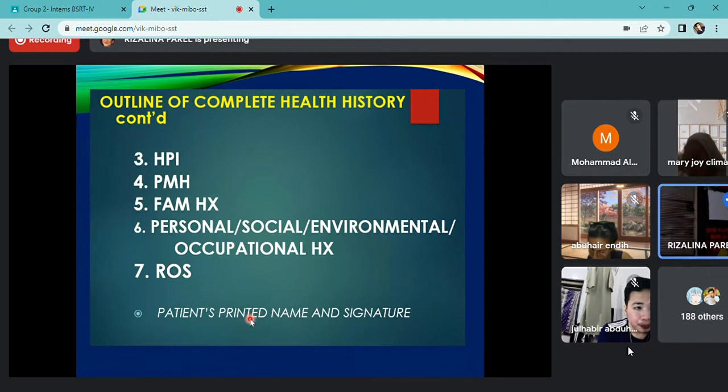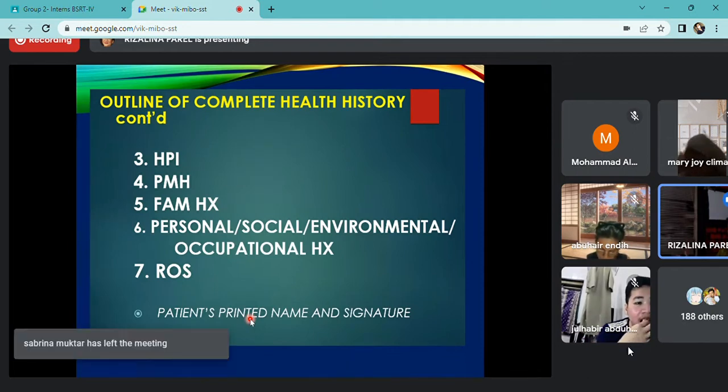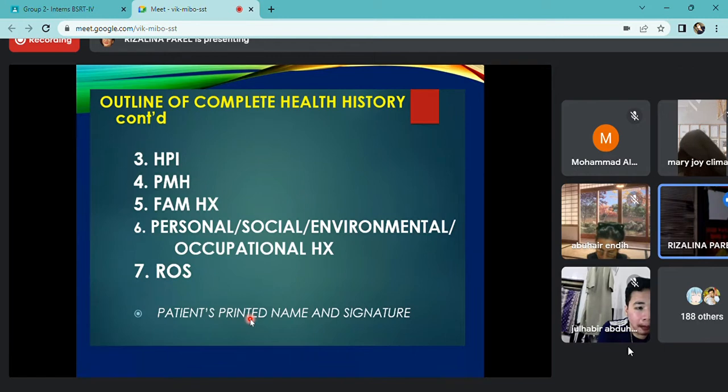Okay, mahilig ba yan na mag-party and alcohol drinks, ano kaya, smoker, yung kanilang group, social, so mahilig ba yan na laging nasa labas, the travel and others. Environmental, yung kanilang tinitiran ba, congested ba, or masikip ba, and how many family members yung nandoon na nag-aagawan doon sa ventilation, doon sa room.